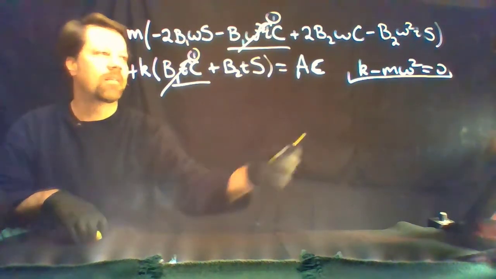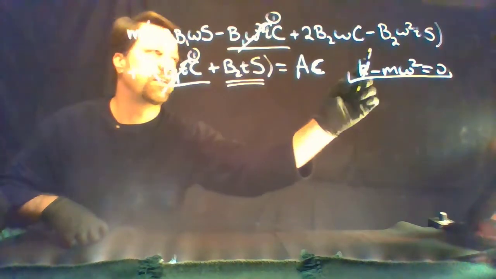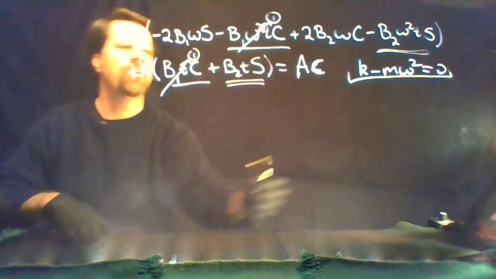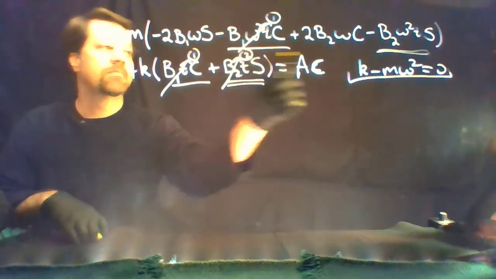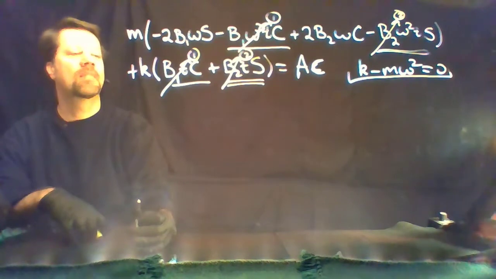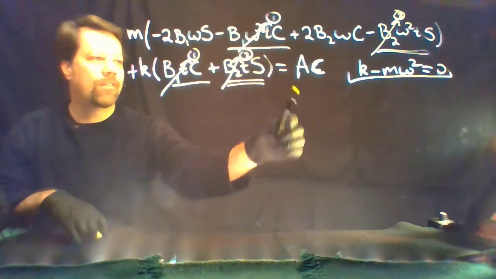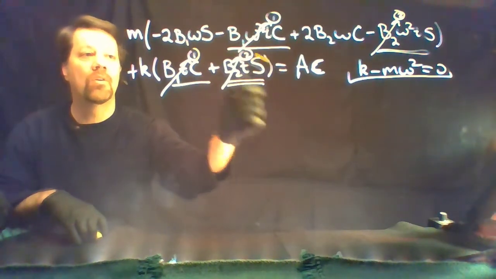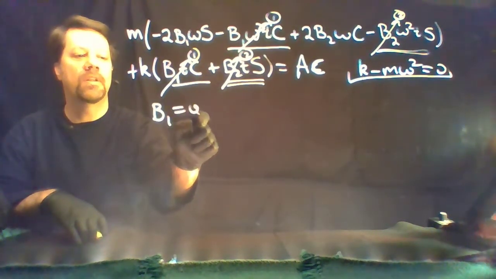Similarly, if we look at this term and this term, those two terms also cancel for exactly the same reason. So we're left with sines and cosines only. The coefficient of sine on the right is 0, which means b1 is 0.